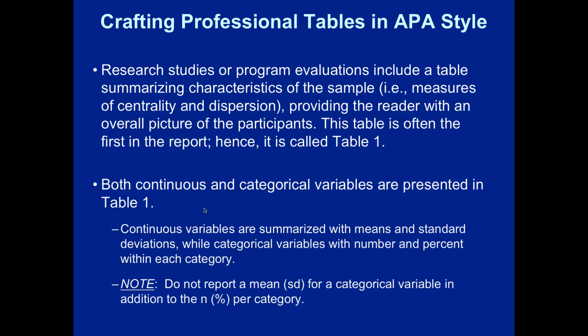Then we have current stress level, so either they have no stress, there's no one who has no stress, because let's be real here, everyone is stressed out. Then low stress, moderate stress, and high stress. So you want to be descriptive in your titles, but not too long, but enough so people understand what you're saying.